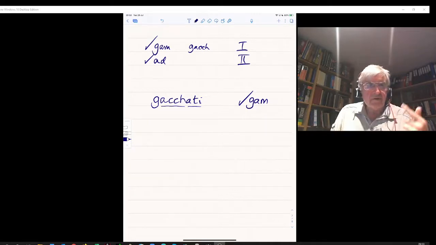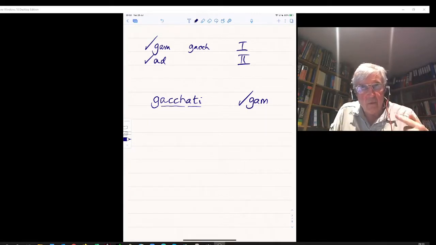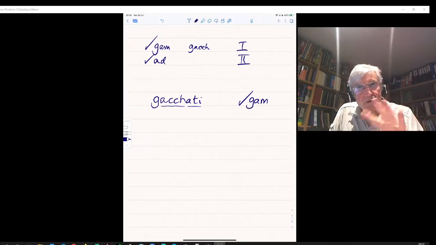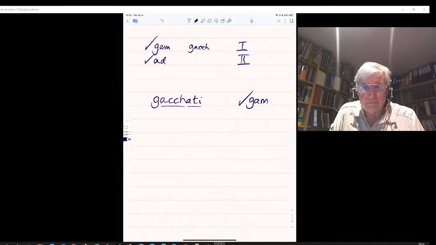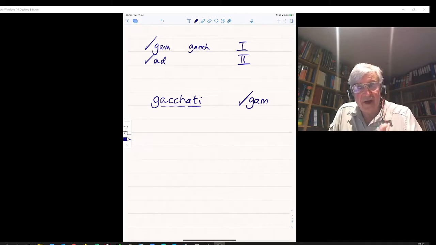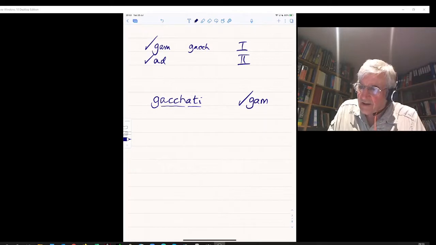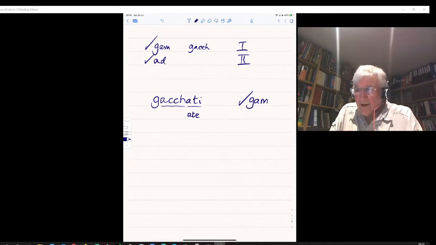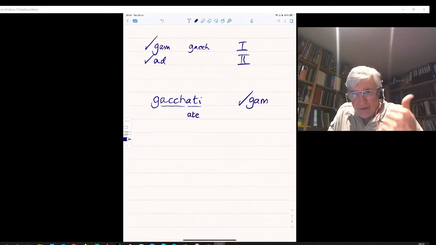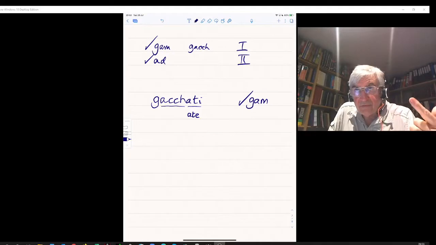The second is the voice. That's active, passive, middle. We'll deal more with these as we go along, but here the voice is active. The characteristic ati ending. If it were middle, it would be ending in ate. Don't bother, we haven't quite come to that yet, but we can say, okay, this is present tense, active.